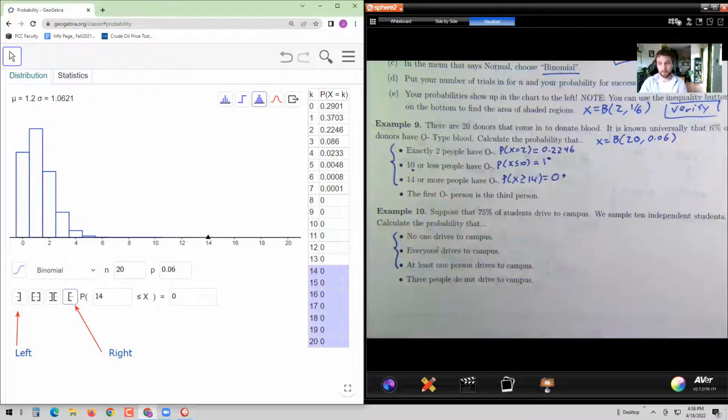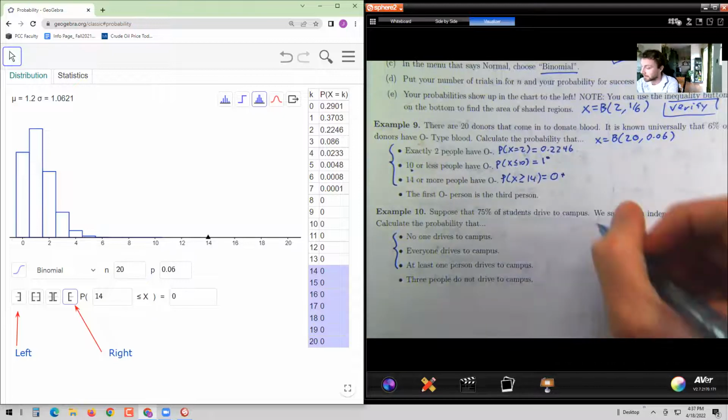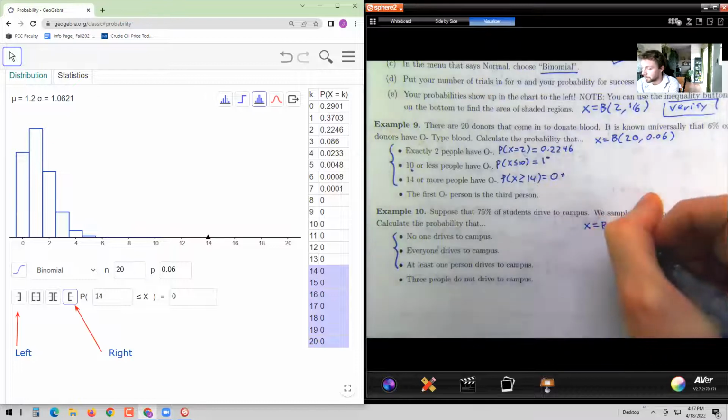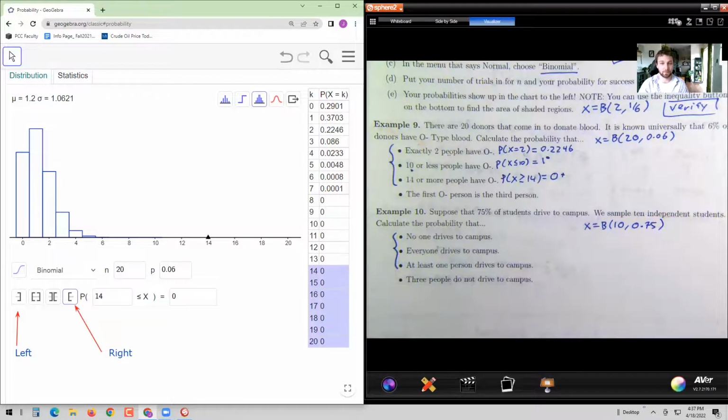Parts to example 10. So suppose that 75% of students drive to campus, and we sample 10 independent students. We want to look at success and failure for these 10 individuals, and there's a 75% chance that they drive.